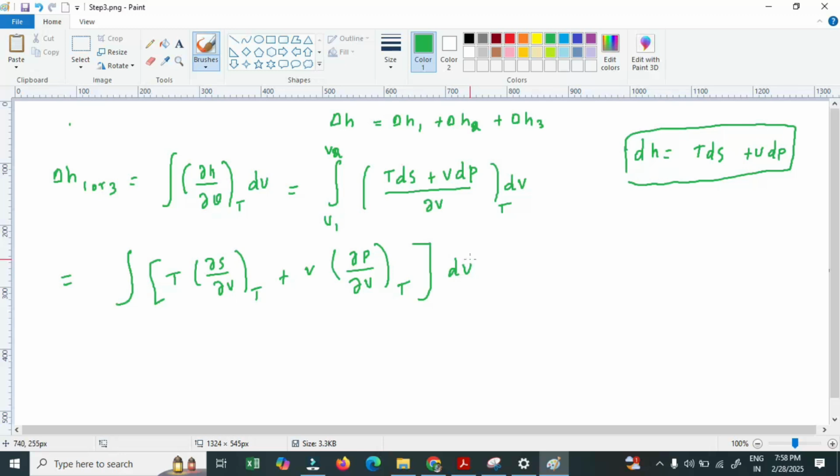Now, again, I have dou S with dou V. I need to replace this S in terms of, again, the Maxwell property.